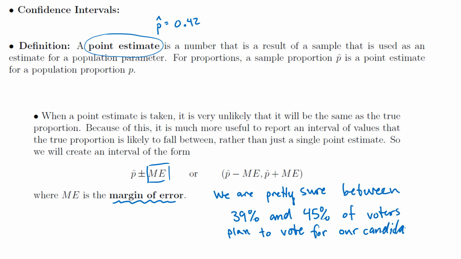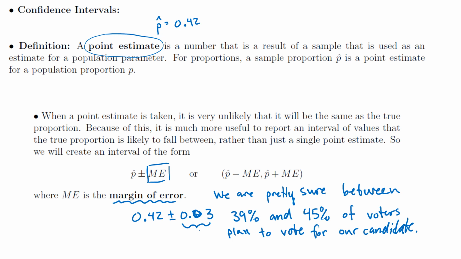So what this does is it takes into account the fact that we don't necessarily think that 42% is the number, but that point estimate also can lead me to being able to make a statement like this: okay, we're pretty sure it's somewhere between 39 and 45%. In this particular instance, that would mean that we are taking the 0.42 as our point estimate, and we're adding and subtracting 0.03.